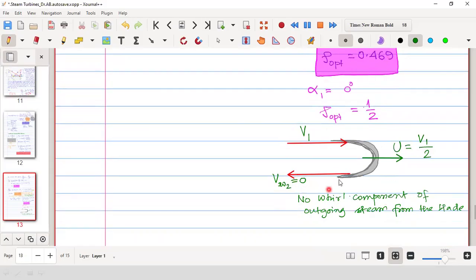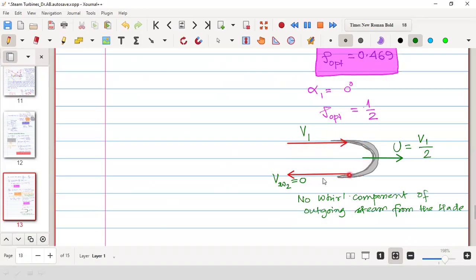Now, since it will have 0, that means if it is purely coming in like this, and there is no friction, we know that the relative velocity is also tangential, at the inlet as well as at the exit.